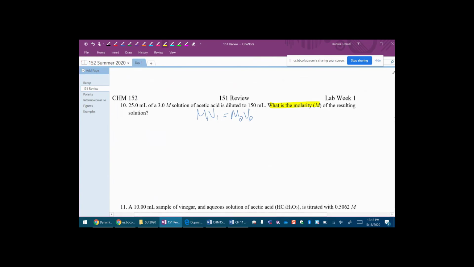So remember, we use this when there's no reaction. So M1, 3.0 molar. V1, 25.0 milliliters. Equals M2, we don't know, and 150 milliliters.